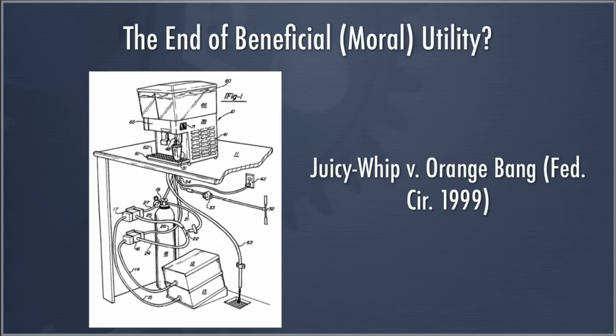And the Juicy Whip case that I had you read is a great case for that reason. It turns out that the slushy machines, and sometimes not even slushy machines, but juice machines at most convenience stores and restaurants, the juice that is shown in the container swirling around deliciously is in fact not the juice that you receive when you press the paddle to get juice.